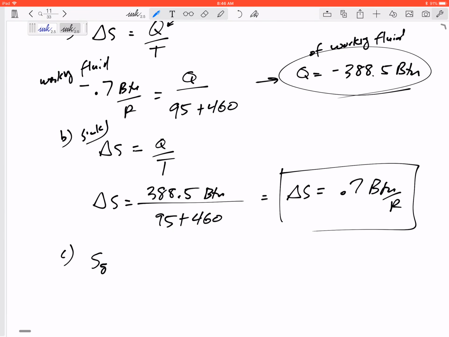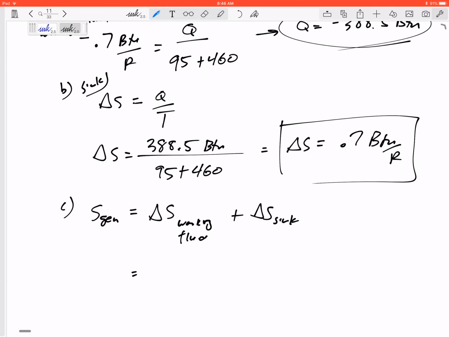And the total entropy change for this process, delta S of the working fluid plus the delta S of the sink, negative 0.7 BTU per Rankine plus positive 0.7 BTU per Rankine.